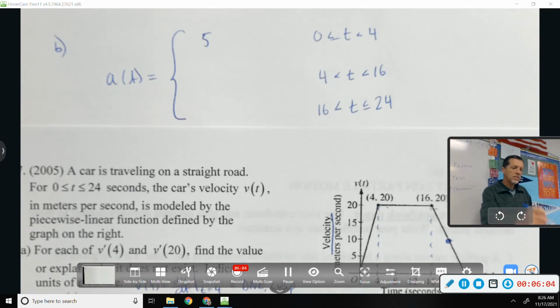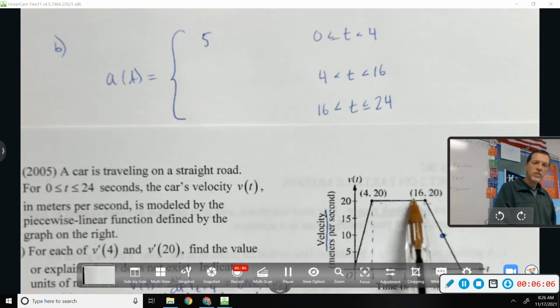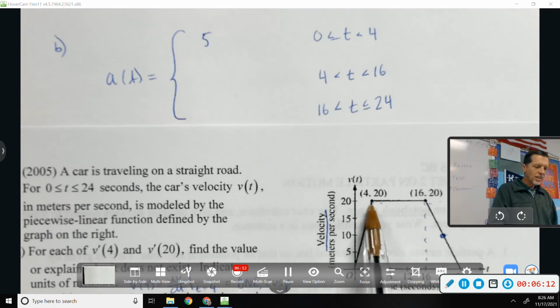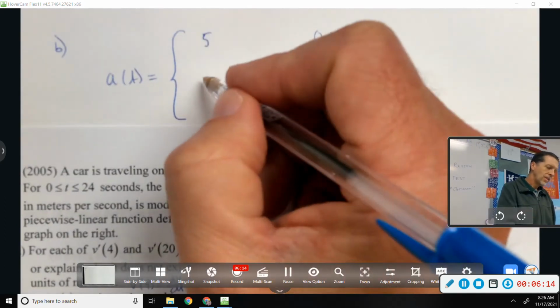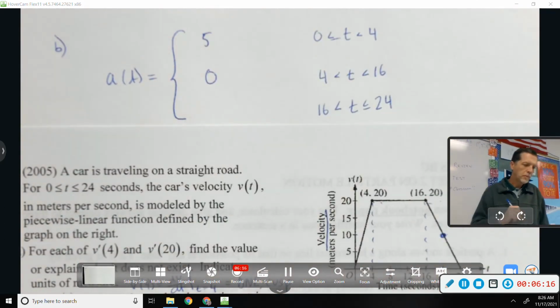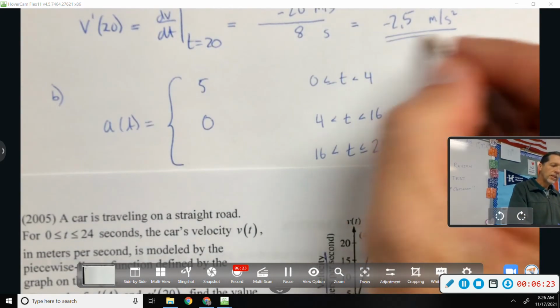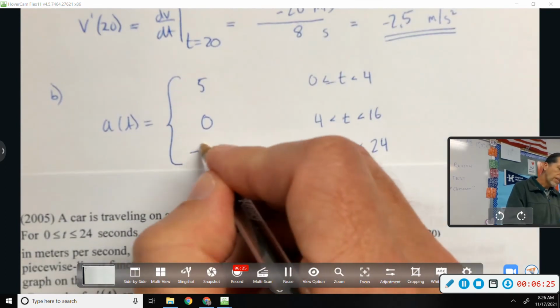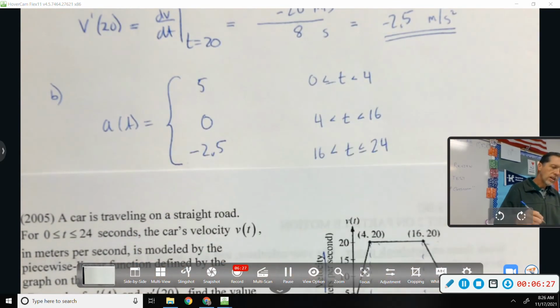How about the acceleration from 4 to 16? 0. You could think about slope, or you could just think, wait a minute, it's got a constant velocity there, so the acceleration is 0. And from 16 to 24, we kind of already found that one. That was negative 2.5. So we wrote a piecewise function for the acceleration.